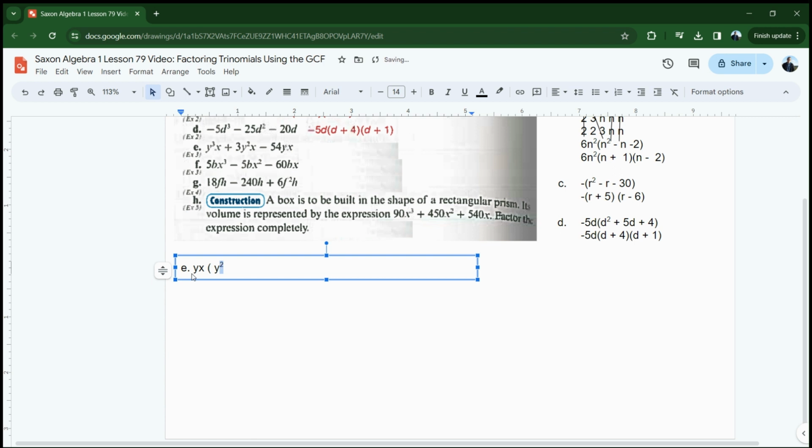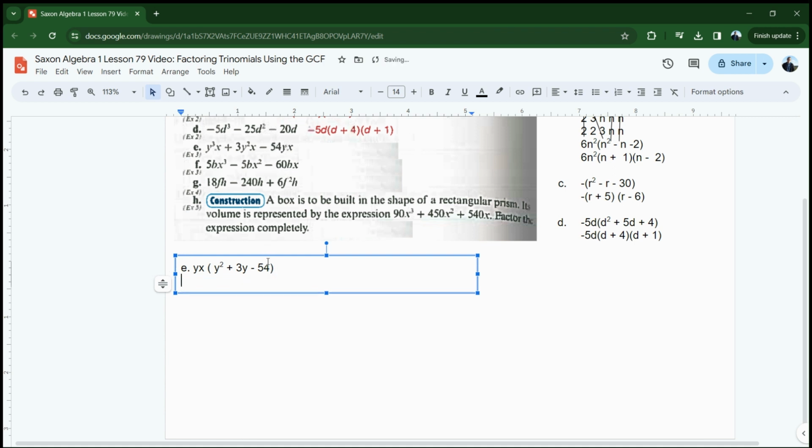Okay, so far so good. It's nice to have a regular square term to start off. Plus, if I pull a yx out of the second term, I'm going to have plus 3y. And then in my last term, if I pull yx out, I have nothing left other than my constant, which is 54.